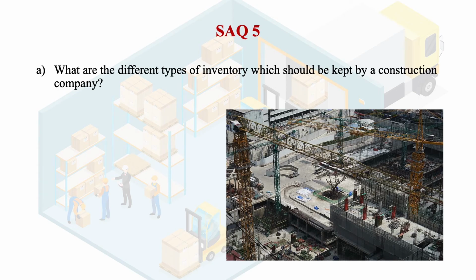Now let me ask you one question. What are the different types of inventory which should be kept by a construction company? This course is basically for the construction industry, so that is why I am asking.